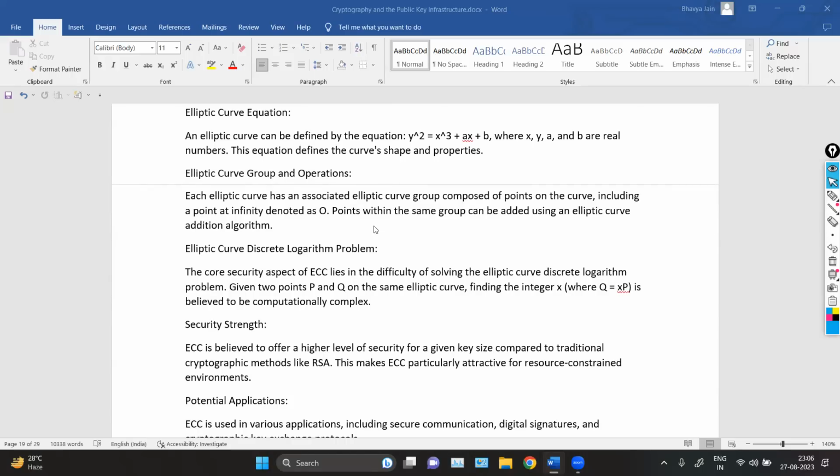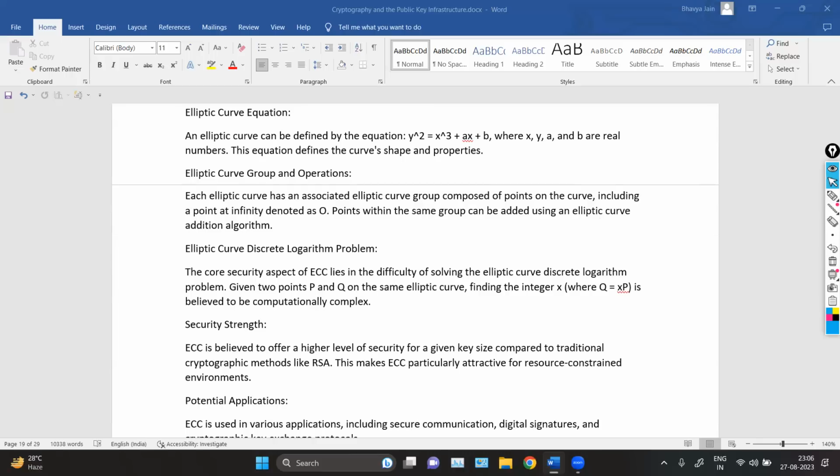So basically, we have multiple elliptic curves composed of points on the curve where the curve is occurring. Those points we are marking, and we have the group of those points of the curves. And then we put a point at infinity, which is denoted as O.